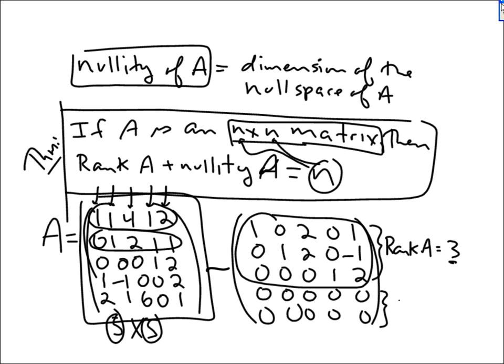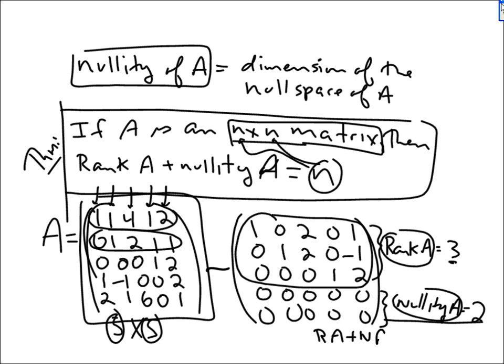And the nullity of A is the number of rows that have just zeros, which are 2. And if you add up these 2 equations, you have the rank of A plus the nullity of A. Due to space, I'll write R for rank of A plus N for nullity of A is equal to 3 plus 2, which is 5.